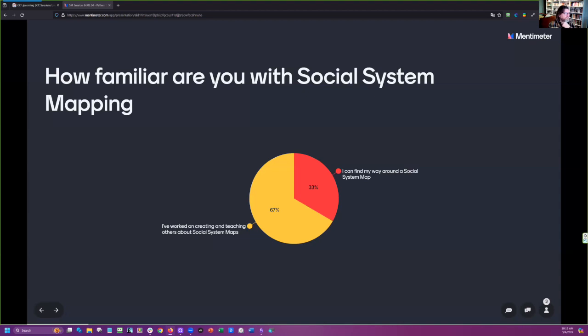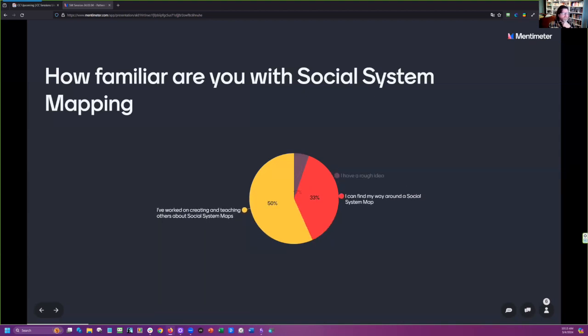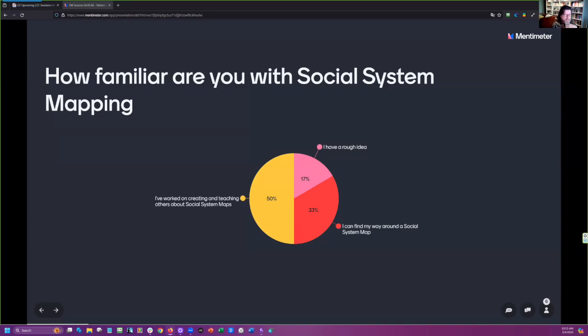This is one of my favorite parts of Mentimeter, that it does instant graphs. As a data geek, I love to see stuff come together like that.